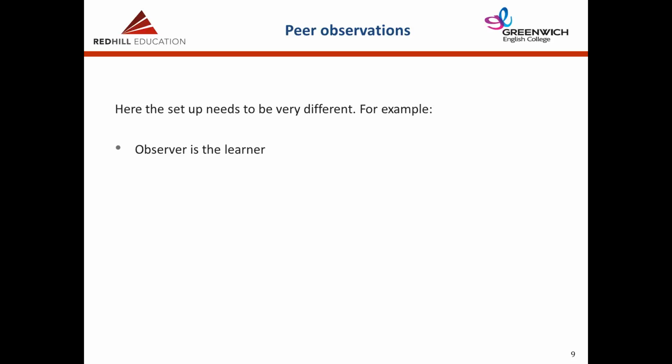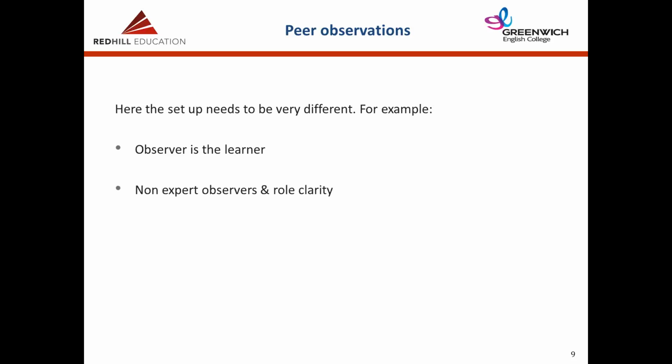And this is, to be honest, I think in my experience of peer observation programs that I've either seen done, heard about, or been a part of previous to being a manager, this was the biggest mistake that I saw being done, where peer observations were used as professional development observations. The idea of a peer observation really is the observer as the learner. They are watching an example and they are trying to learn from it. It's not the other way around.